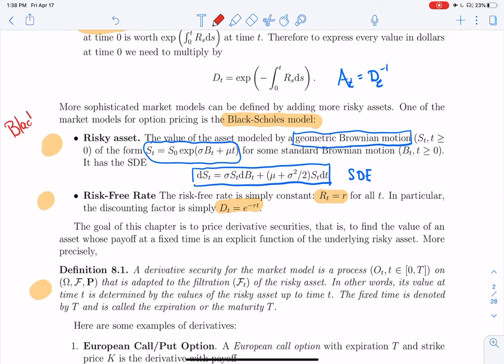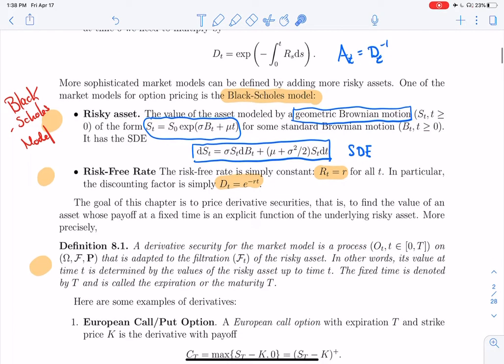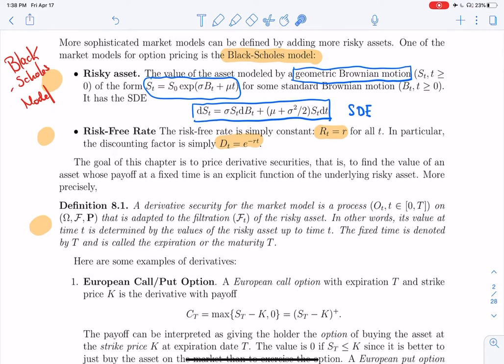Now, the goal in this section is to be able to price derivatives. What is a derivative? Here's the grown-up version of what a derivative is. A derivative security for the market model is a process that we write O_t, for option, from 0 to big T, which is the expiration or the maturity, that is adapted.